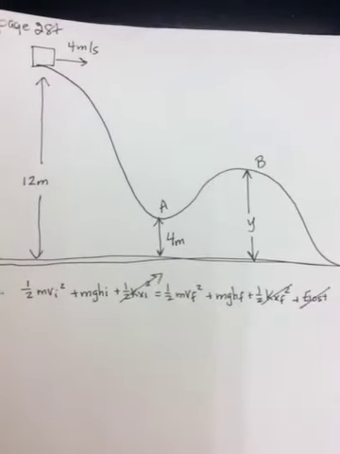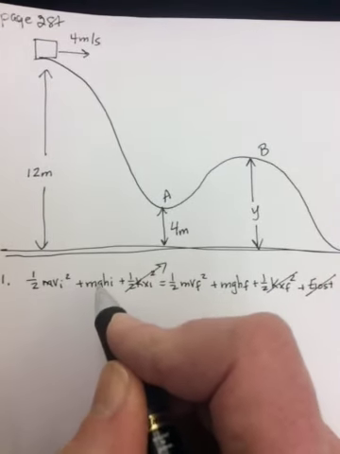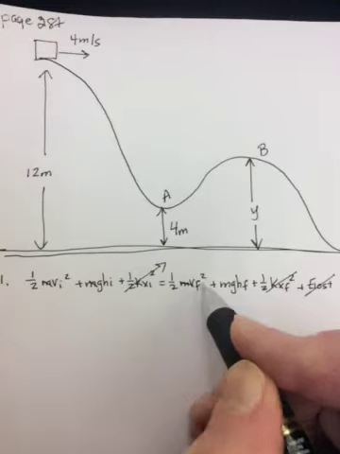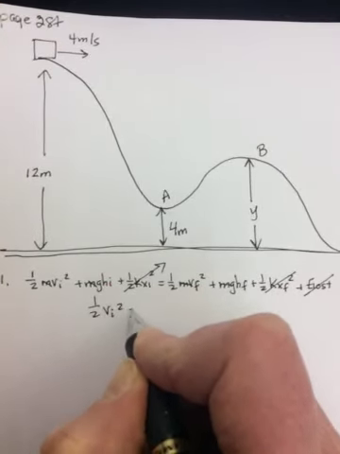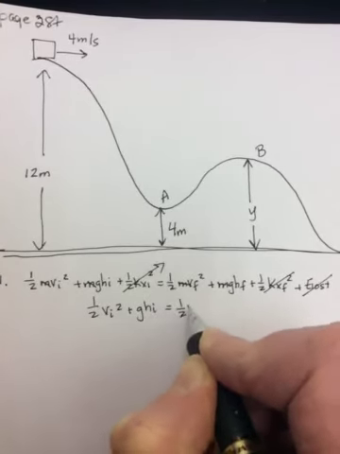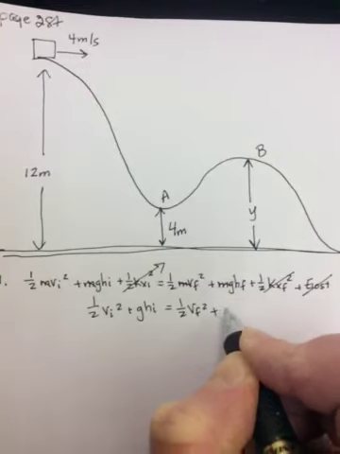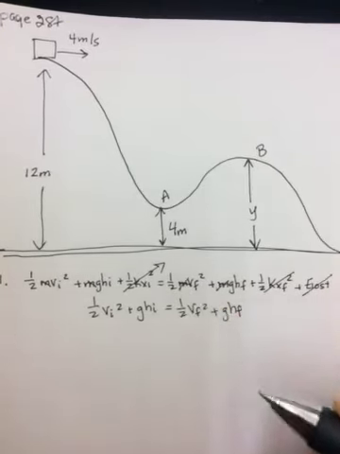Okay, so we have 4 terms, and there's an m in every one, which means you can cancel the m's. So we have 1/2 v initial squared plus g h initial will equal 1/2 v f squared plus g h final. So we've gotten rid of the m's in each of the terms.